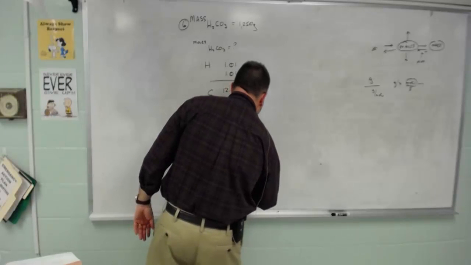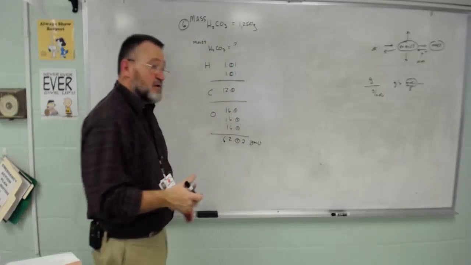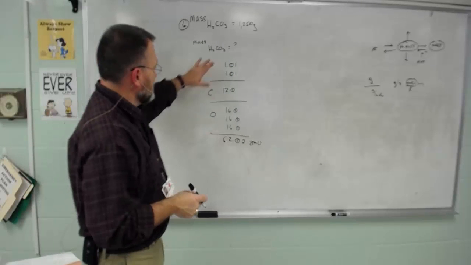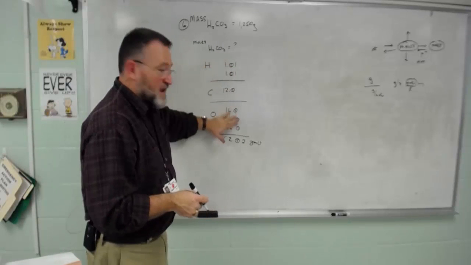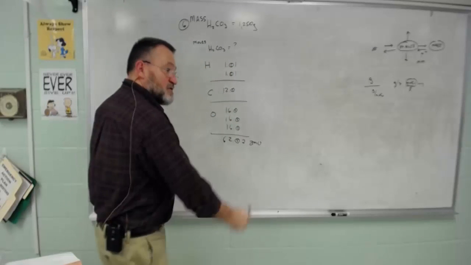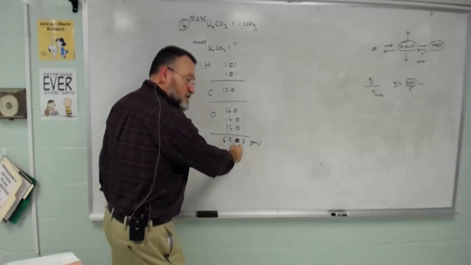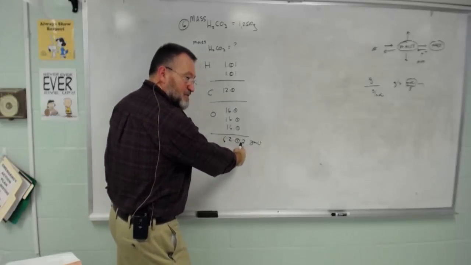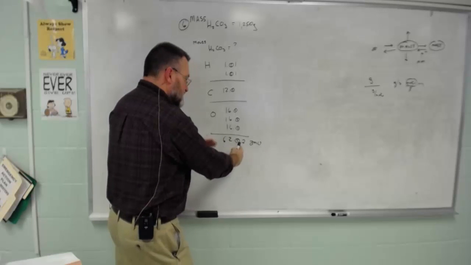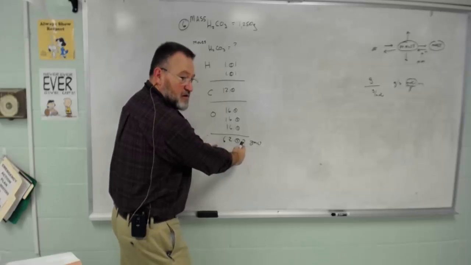62.02 AMUs. Now, I need to look in terms of my precision. My least precise numbers are in the tenths place. So I look at my answer in the tenths place, I look to the right to the hundredths place, and I find out if it's 0 to 4, I leave tenths alone. If it's 5 or higher, I up this 1.